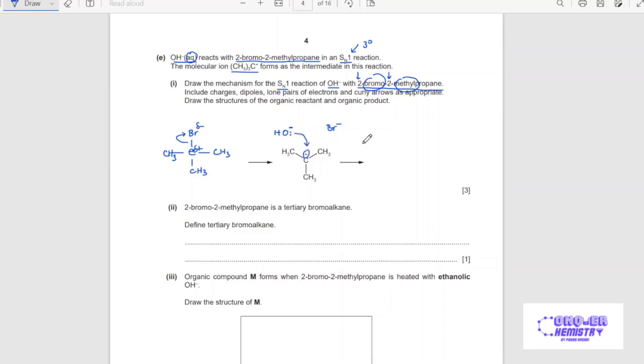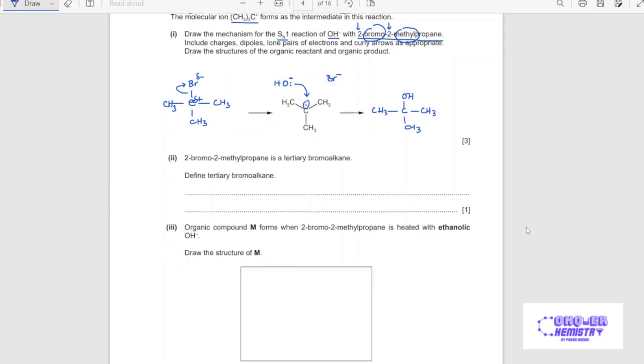So it's a transfer of a lone pair from the negative oxygen in the nucleophile to the positive carbon in the intermediate, the carbocation. And so at the end of the day, the product is just going to be the same thing as the reactant. The only difference is, instead of Br, you have a new nucleophile that has substituted the Br, which is OH. And that's your nucleophilic substitution.